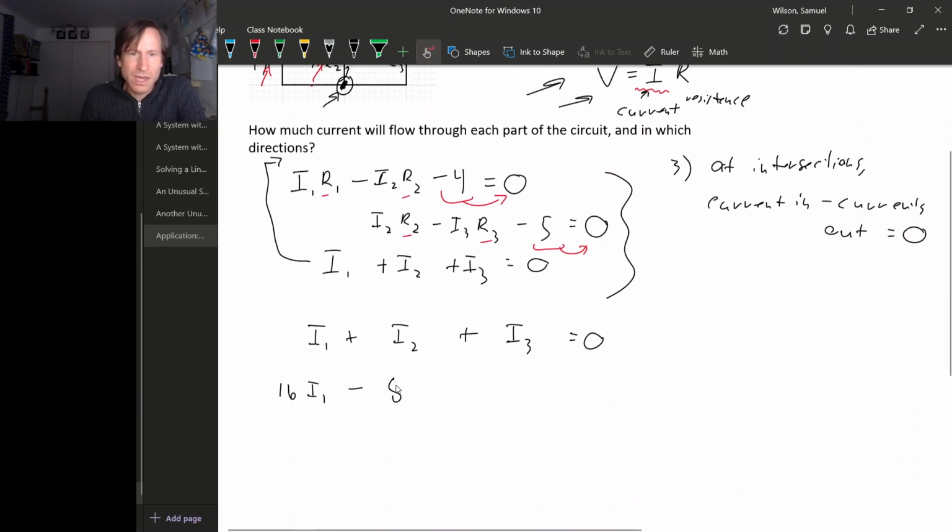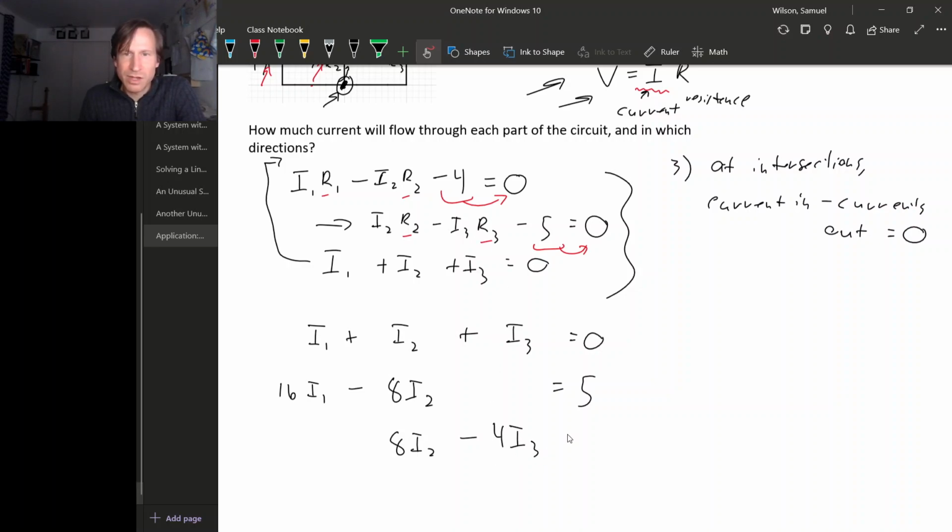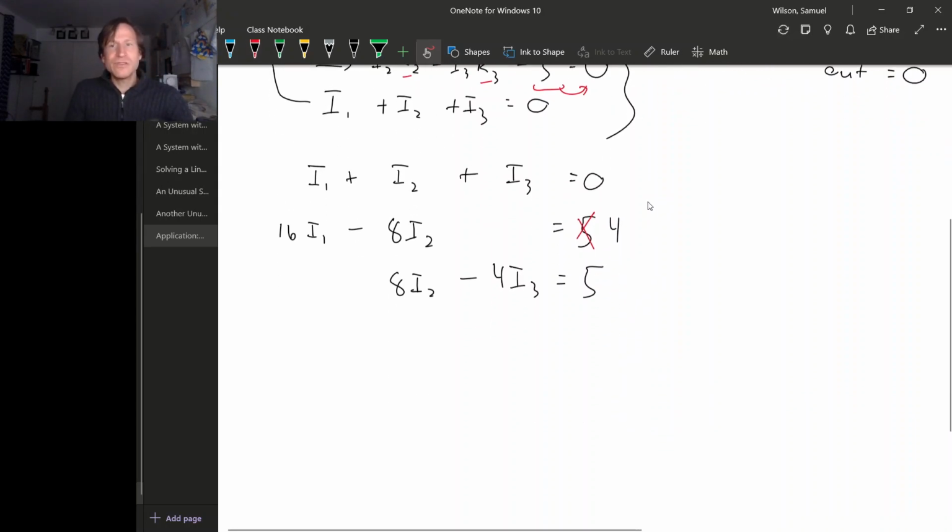Yes. 8I2 equals 5 when we move this over. And then the last equation, which is the second one, is 8I2 minus R3 was 4. So 4I3 equals, oh, this is the one that's 5. The one above it here should be 4, not 5. Okay, so here's our system of equations.